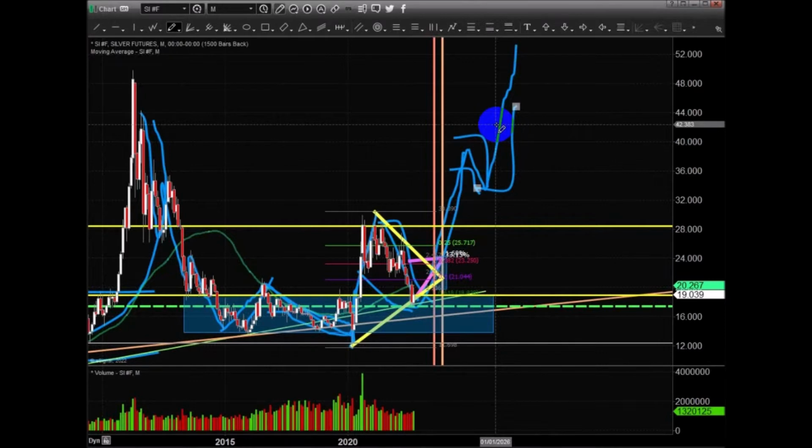What I can tell you is global banks are reporting a run on precious metals. People are accumulating physical metals faster than ever before.